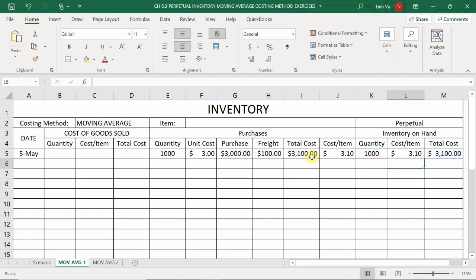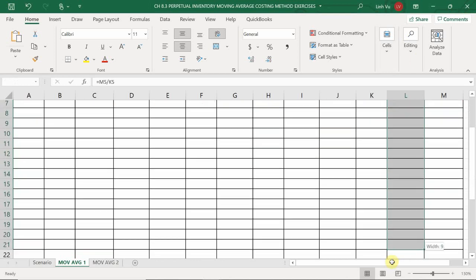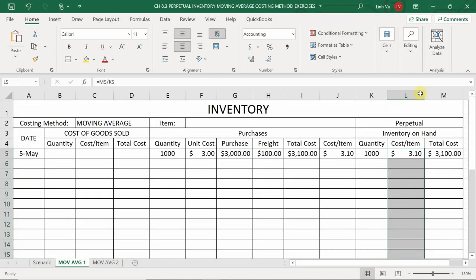Because the number under the cost per item is going to change, not drastically, very, very tinily, every time we make a purchase and every time we make a sale. So I want to make sure that I put enough decimal places for us to see that very small change. So that's the first thing that we have here: 1,000 units at a total of 3,100.